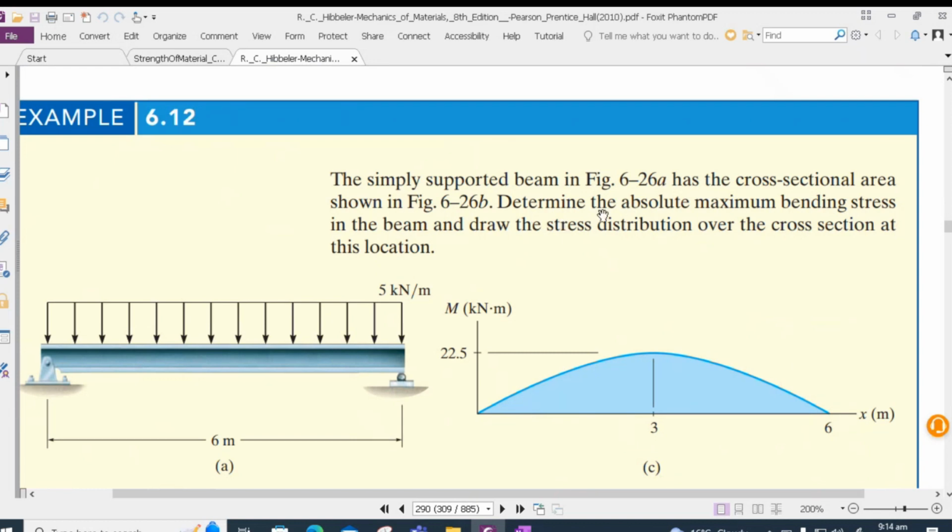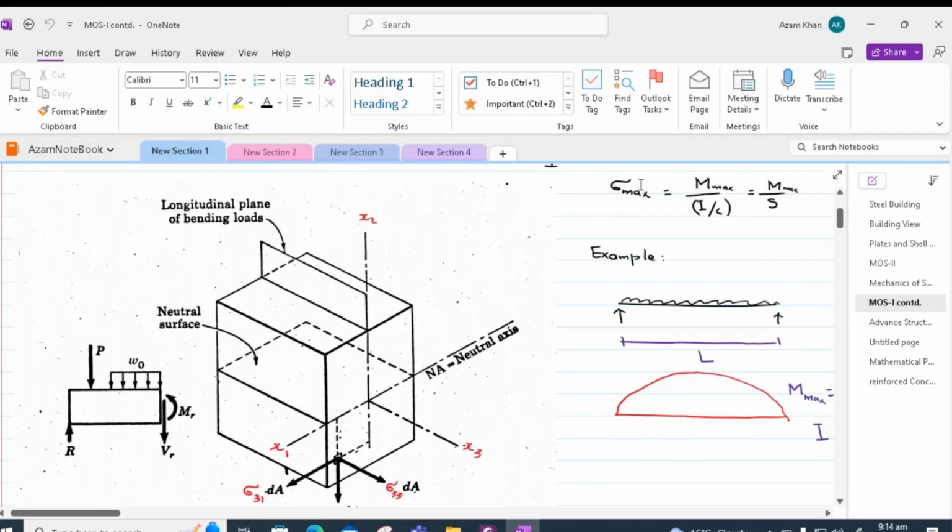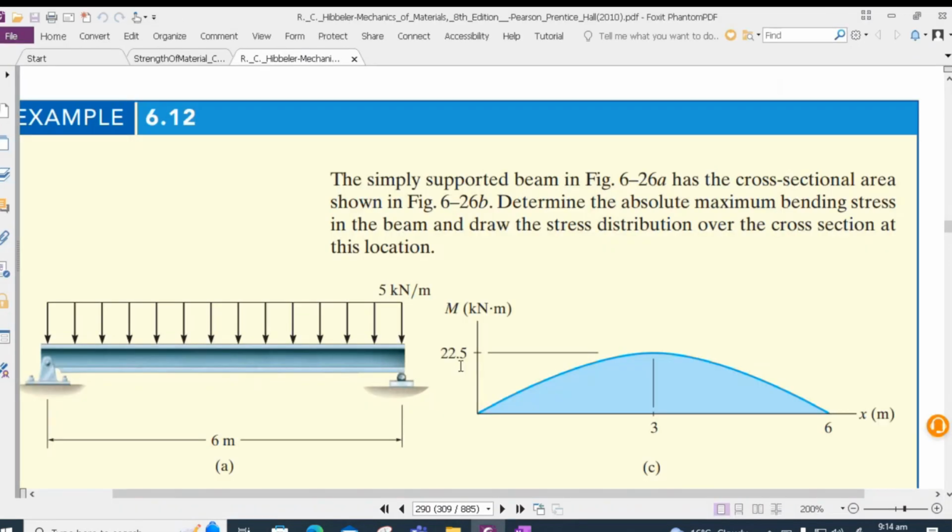We are asked to determine the maximum absolute bending stress. So as we had a discussion, the maximum stress would be Mmax divided by I by C.